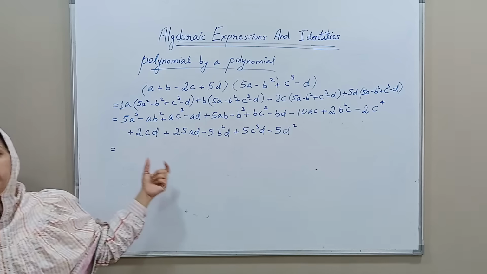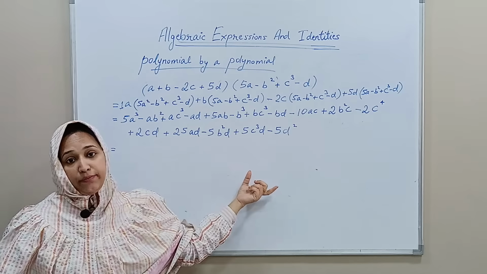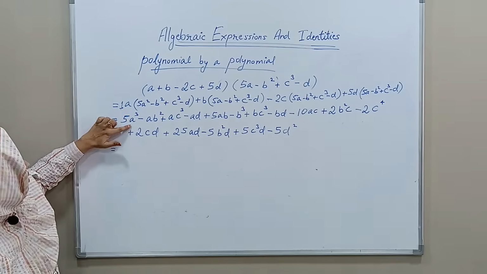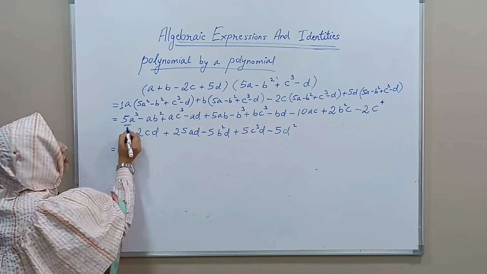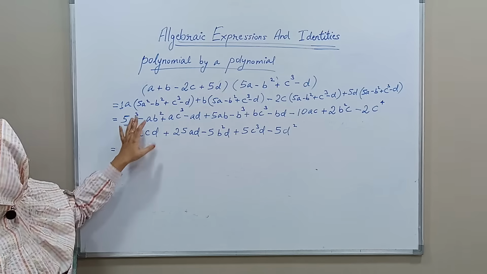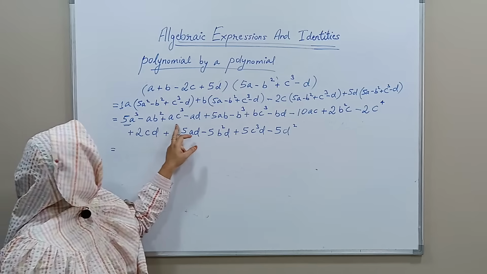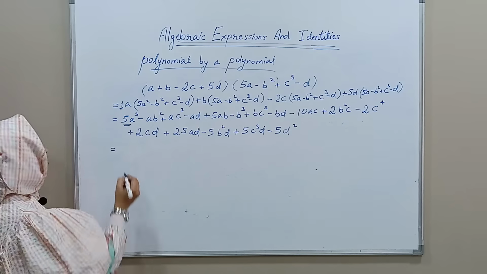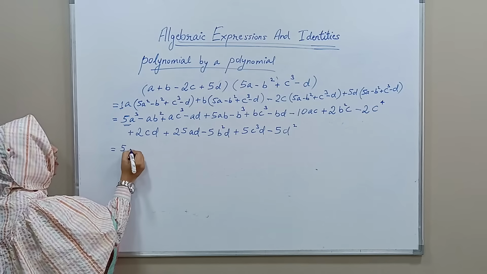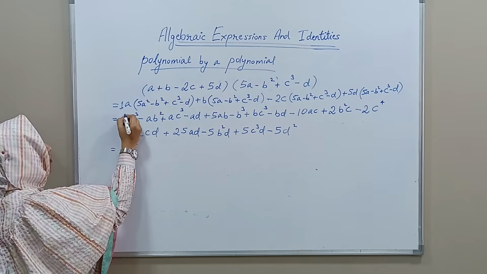Now we will try to find out the like terms. Starting with a to the power 3, let us search for another term with the same variable. Do we have another term with a to the power 3? No. So this will go as it is, 5a to the power 3.